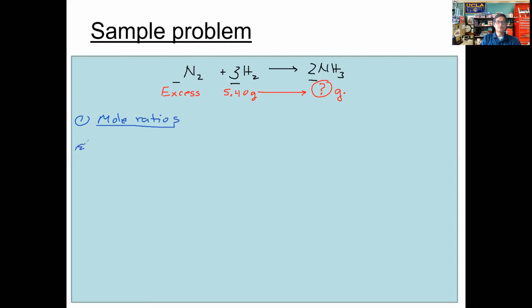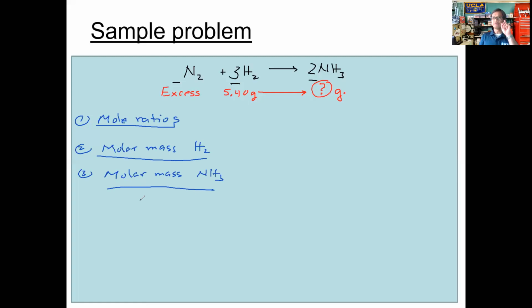I want you to find the molar mass of hydrogen, and then I want you to find the molar mass of ammonia. So on your paper for today, what you're going to submit today are these three: find all the mole ratios, calculate the molar mass of hydrogen, and calculate the molar mass of ammonia.